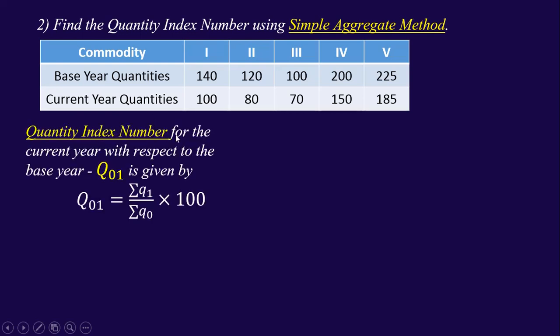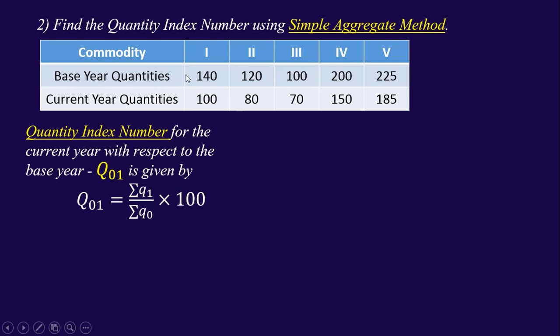Now the quantity index number for the current year with respect to the base year, denoted by Q01, is given by Q01 is equal to summation Q1 upon summation Q0 into 100. Now summation Q1, these are the values of Q1, we only add them and write here summation Q1. Summation Q0 is the sum of quantities of the base year.